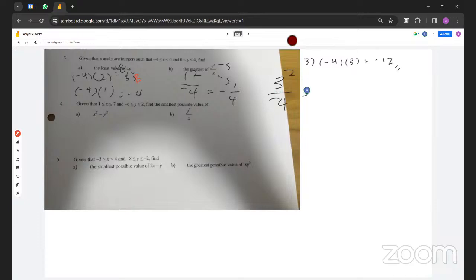I would get negative 9 over 4, which is smaller than negative 1 over 4. I agree.